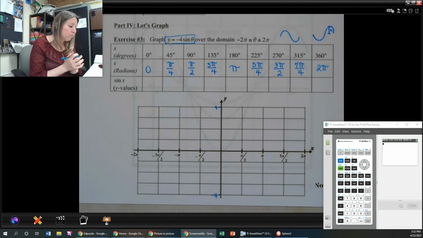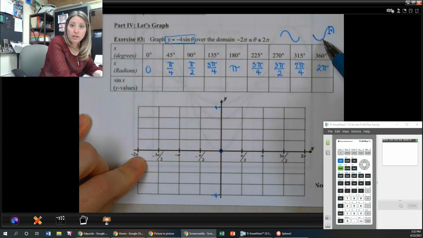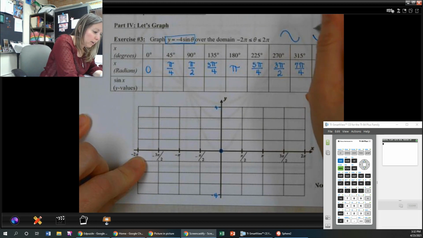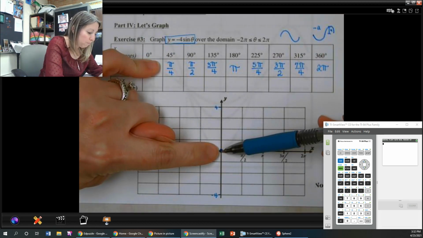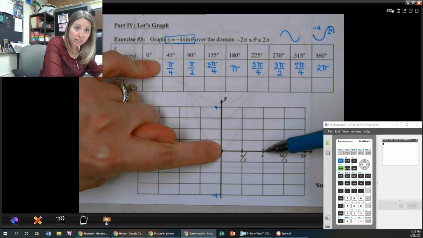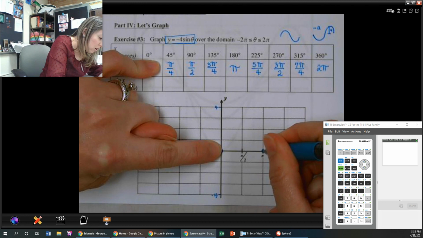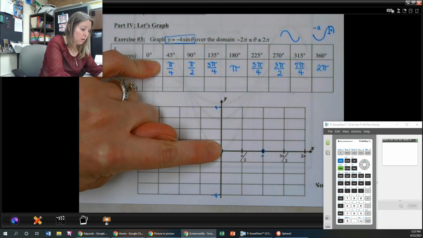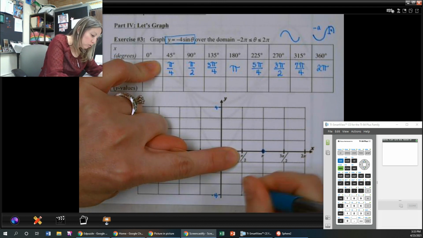So we'll do that. We do know that sine starts at 0, 0. And then since we're going negative, right? So this is a negative a, we have to start down. So we also know that sine will come back to 0, 0 at pi. So that means that at pi over 2, we are all the way down to -4 from the start.